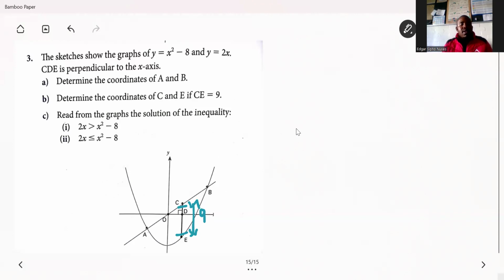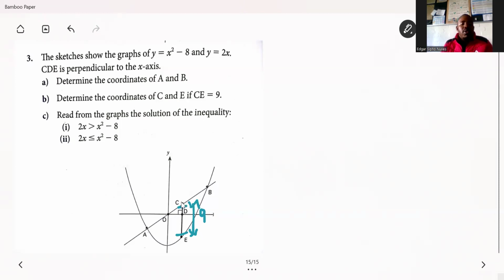It's a vertical distance. When you're dealing with vertical distances, you're dealing with Y values, right? To work out the distance between C and E, you would have to take the largest Y value minus the smallest Y value.